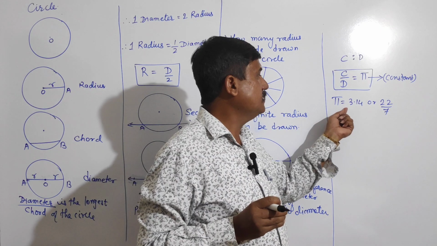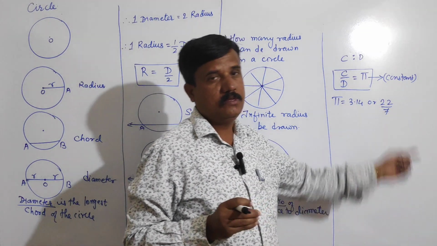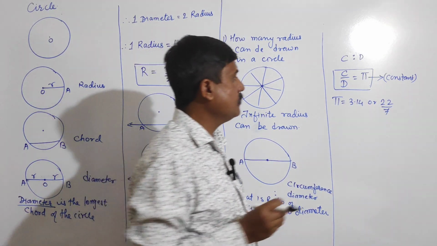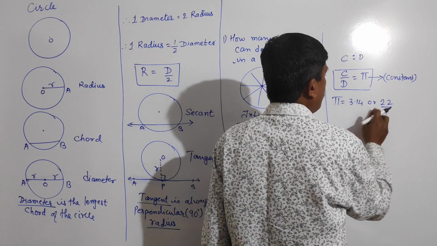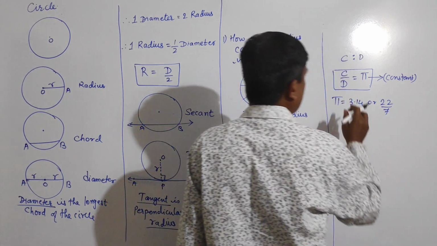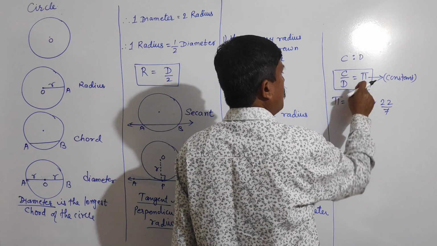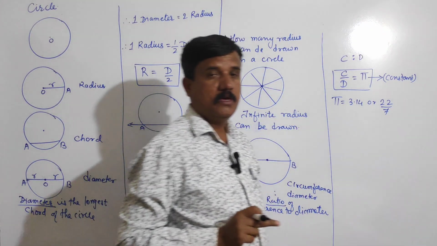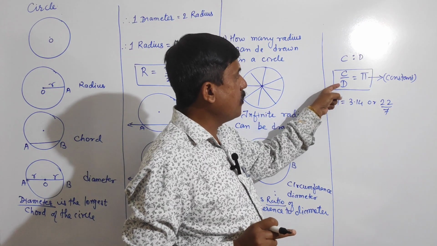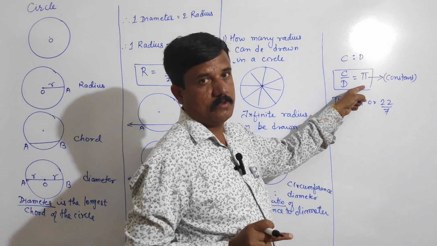The value of pi is 3.14 or 22 upon 7. So what is the ratio of C upon D? C upon D is nothing but pi. The ratio of circumference upon diameter is pi.